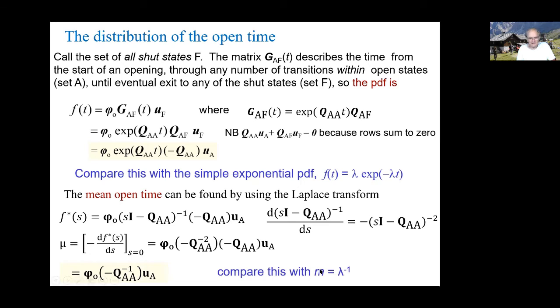So this is exactly analogous to the simple scalar exponential distribution, where the mean is 1 over lambda. This is the inverse of minus QAA, which, so once again, QAA plays the part of the time constant in a simple exponential distribution.